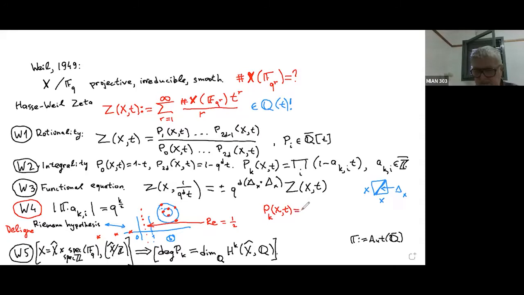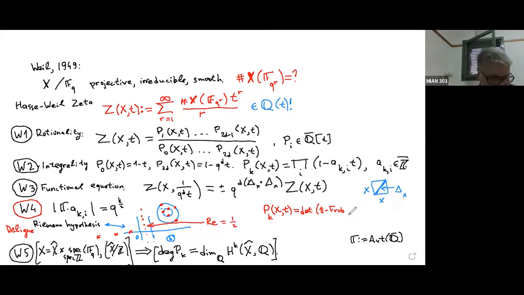More precisely, the determinants of 1 minus Frobenius, the automorphism defined over the same manifold defined over the algebraic closure of the finite field.